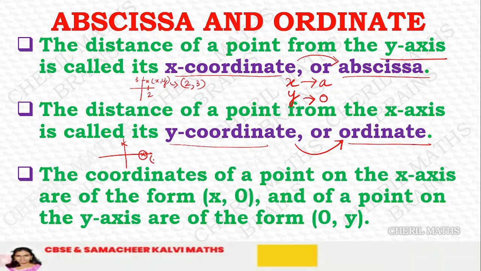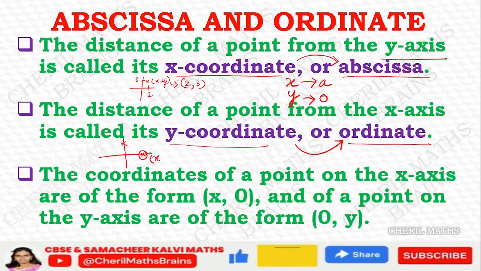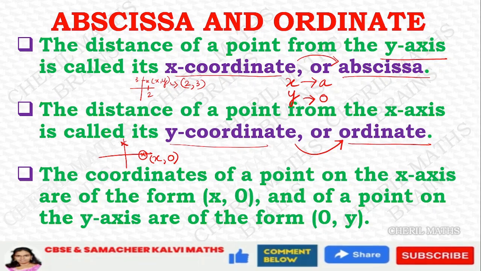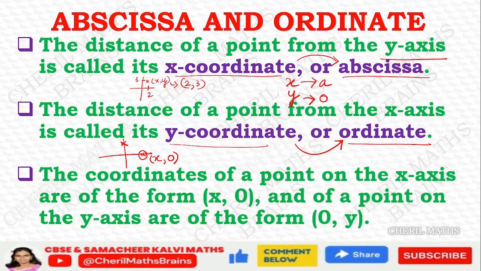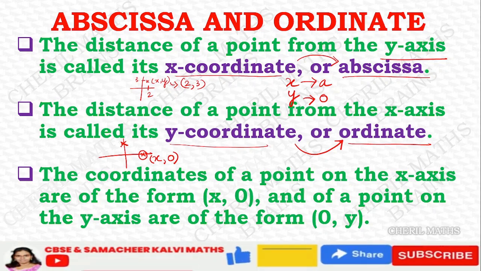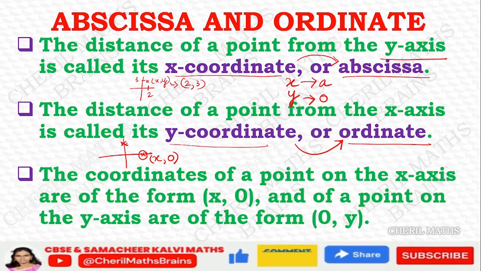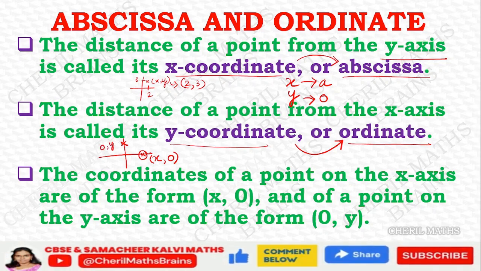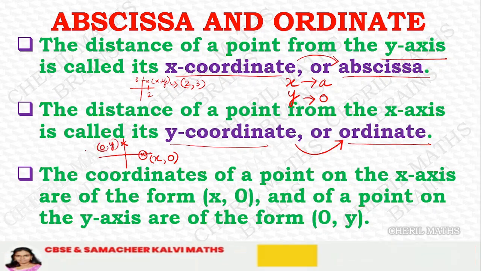Then you can say that it only has the x coordinate and the y coordinate is going to be 0. Similarly, in this case, you can see that this is a point on the y axis. So on the y axis, when you have a point, the x coordinate is going to be 0 and the y coordinate alone is going to exist.